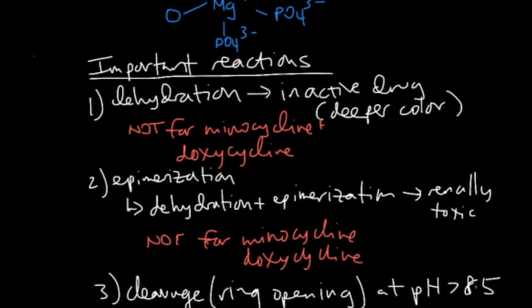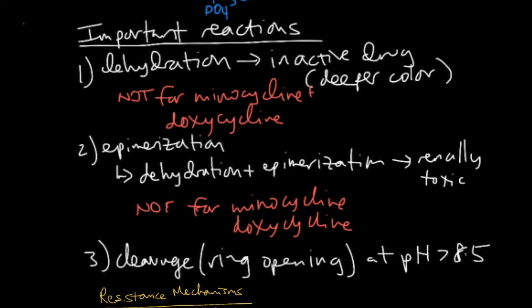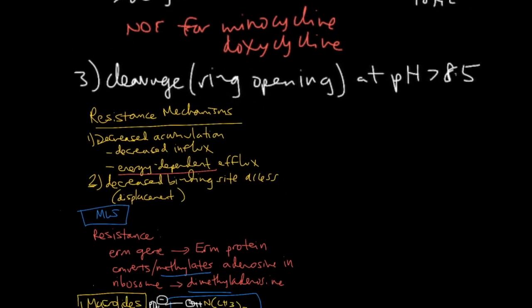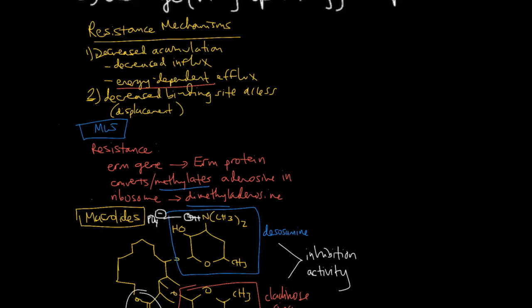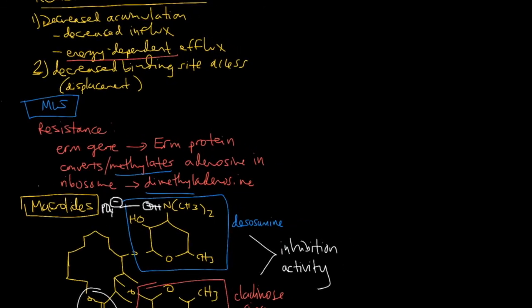Three important reactions that tetracyclines undergo include dehydration, epimerization, and cleavage. Remember, reactions 1 and 2, dehydration and epimerization, don't happen with minocycline and doxycycline. Different resistance mechanisms. MLS drugs, Major League Sucks: macrolides, lincosamides, streptogramins.